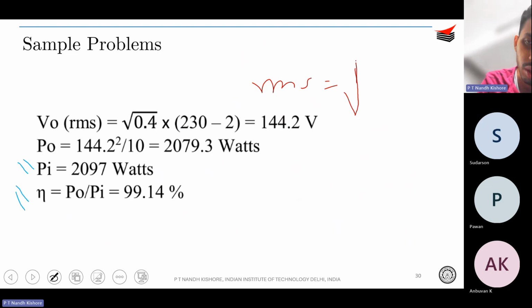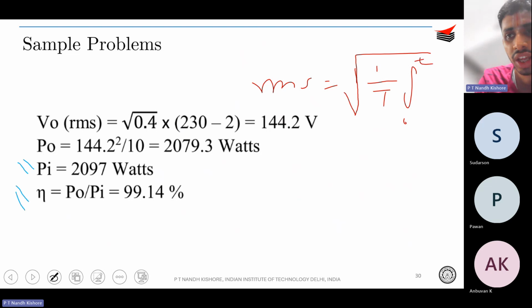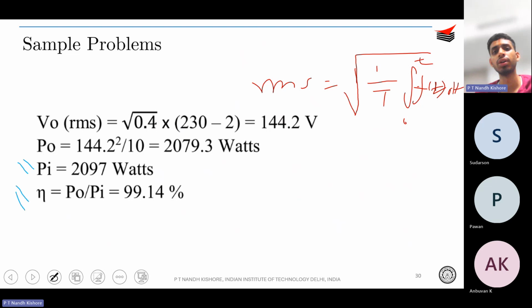It is root over 1 by T, where T is the total time period, integral 0 to T of f squared of t dt. That is the basic definition of your RMS.